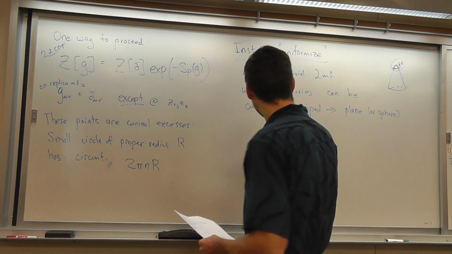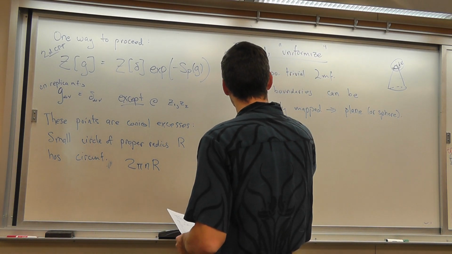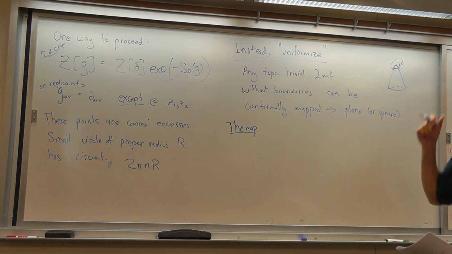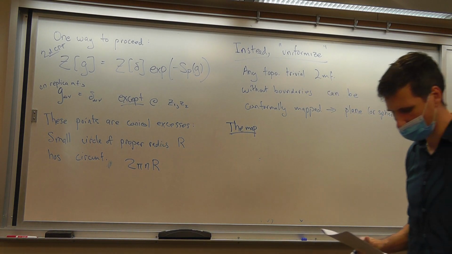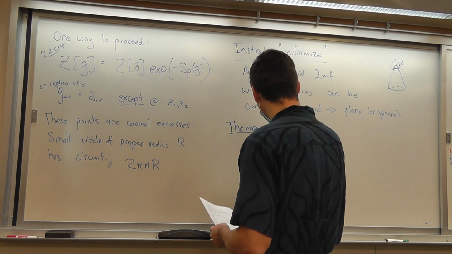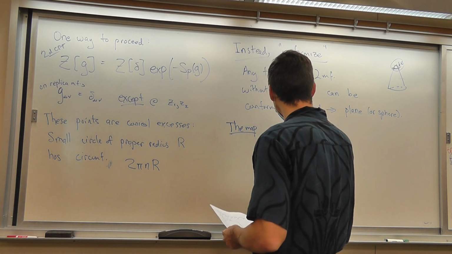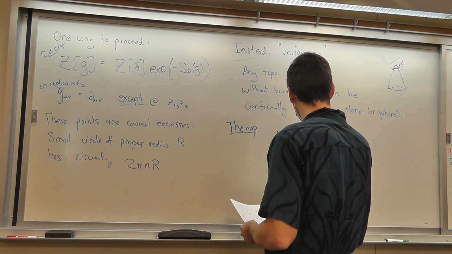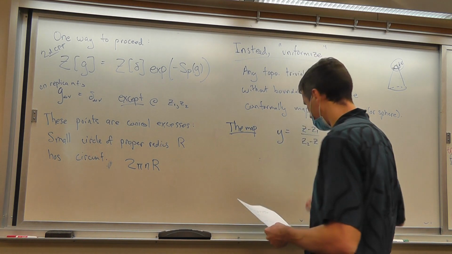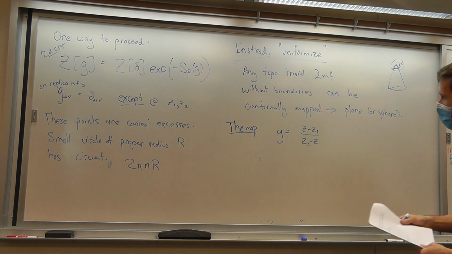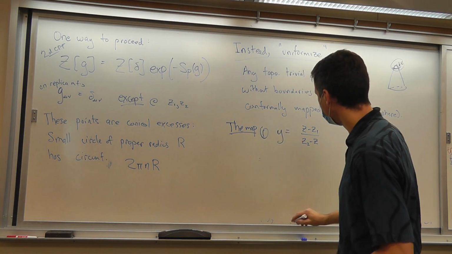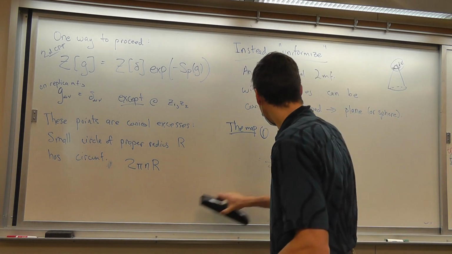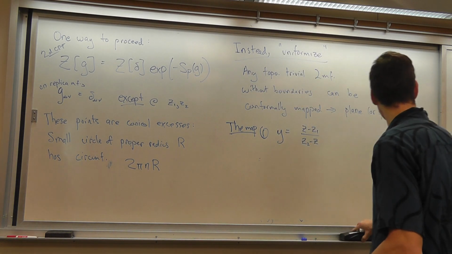The map for this crazy manifold, I'm going to derive in 2 steps, but you've already seen it on the homework. So the first step is to set y equal to (z minus z1) over (z2 minus z). So this is step 1. Let me draw a picture.